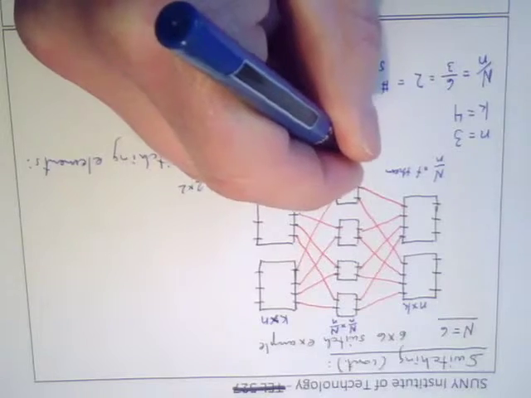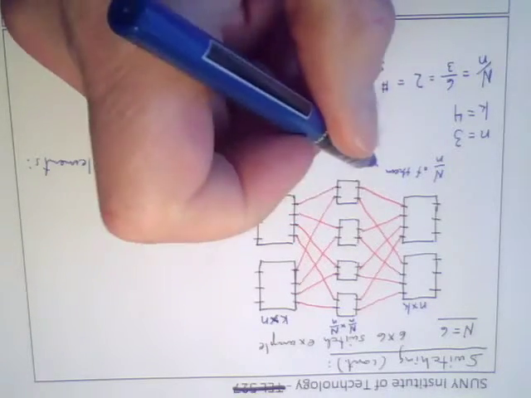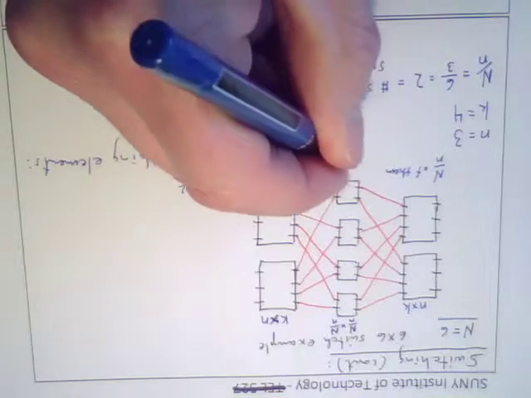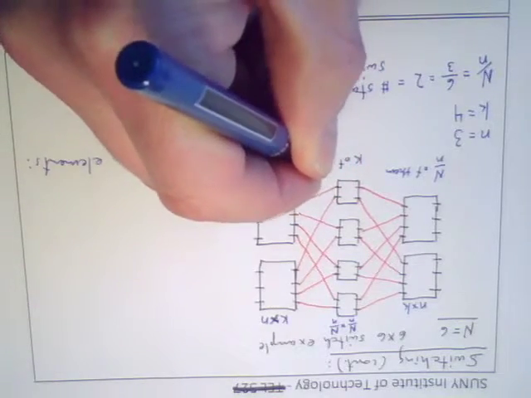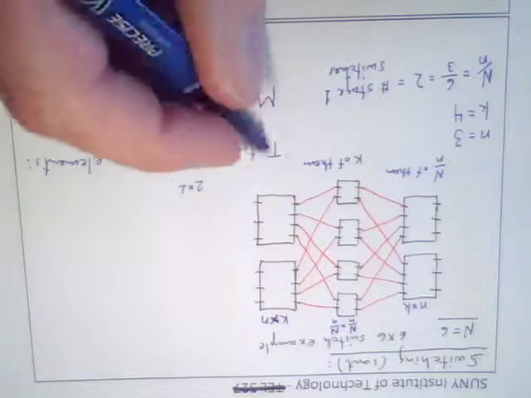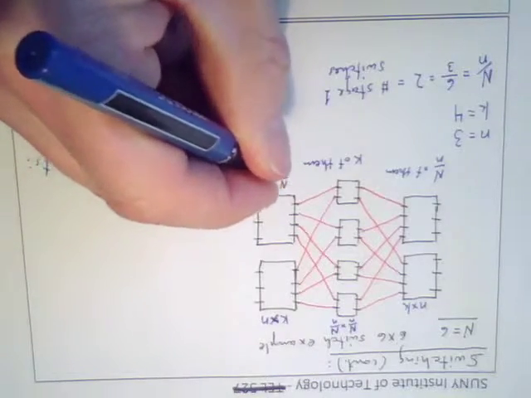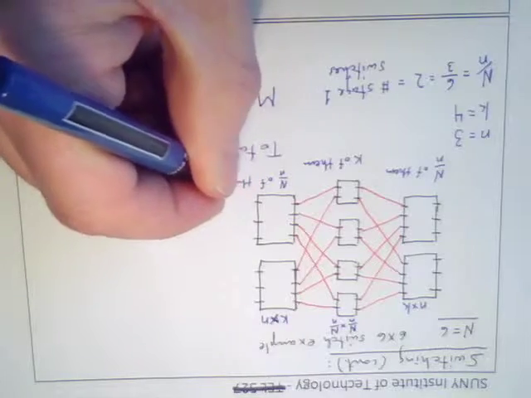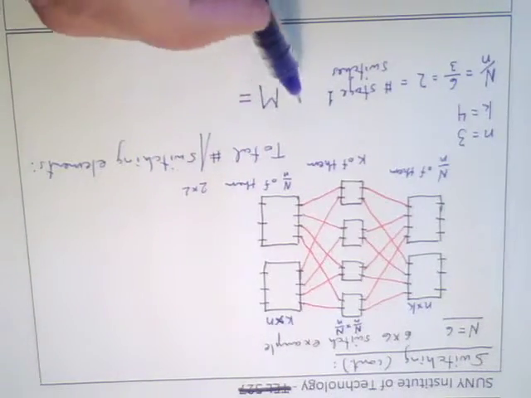Here there are, how many are there in the center? There are k of them in stage 2, and there are big N over little n switches at stage 3.